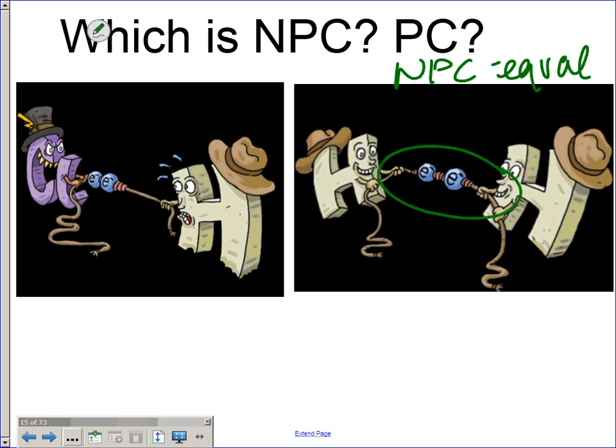They're sharing equally, so neither side has a different charge. I'm just going to say not polar. If we know that polar means opposite sides or opposite charges, a difference in distribution of charge, then we should understand that this is equal sharing, meaning not polar.